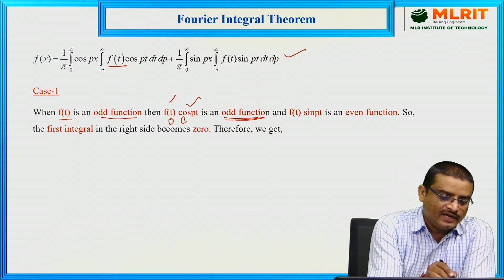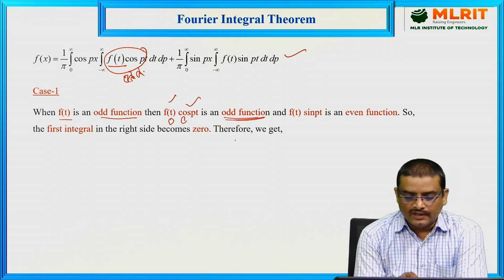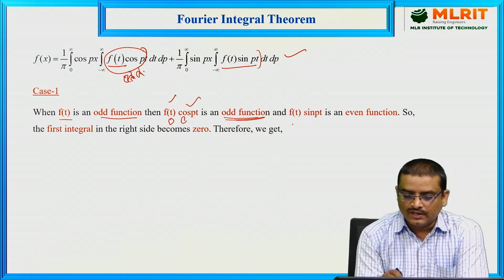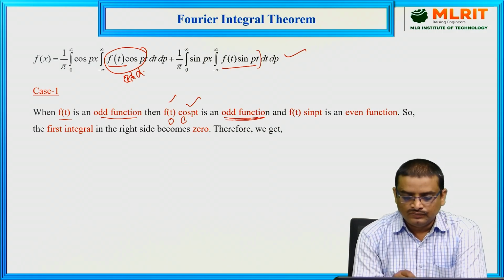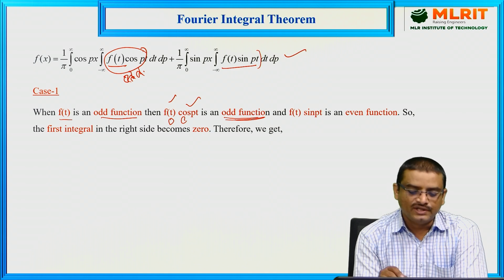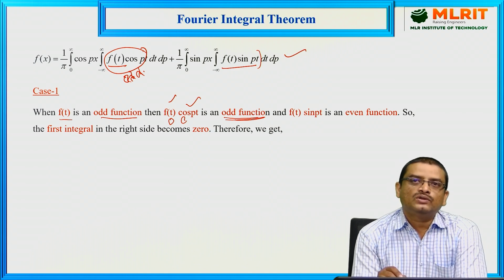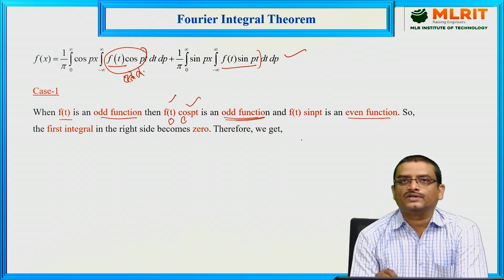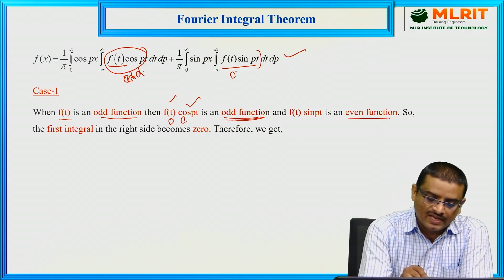So this entire function becomes an odd function here. Next go to the next integration here. We have taken f of t as an odd function, and sine is an odd function here. Whenever we multiply both odd functions, the resultant function will be an even function. So this function is an even function here.